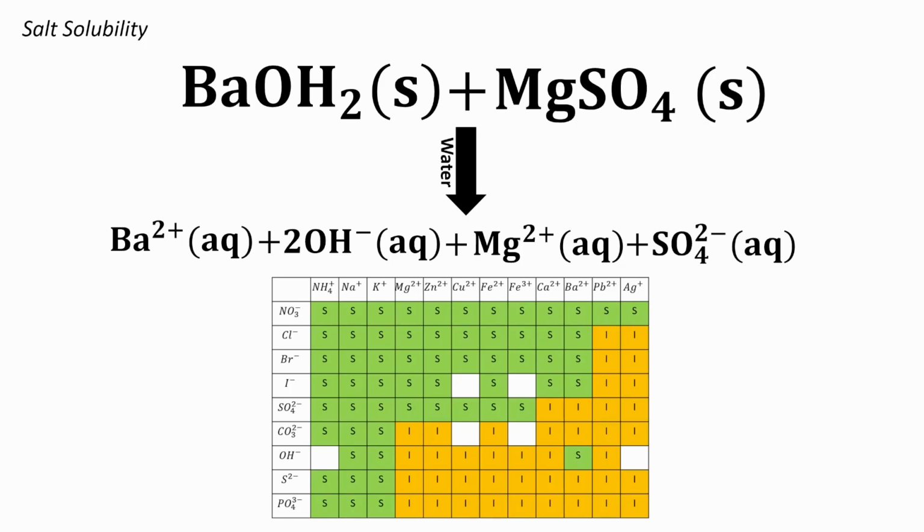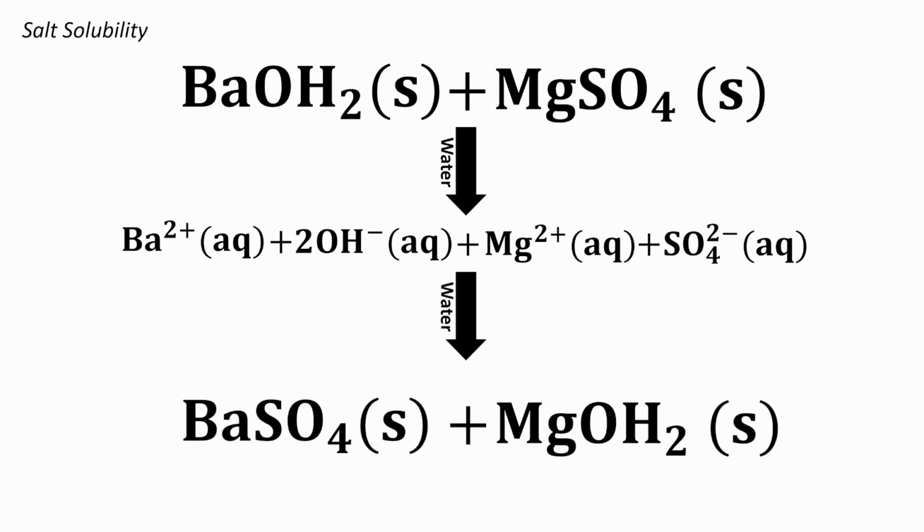And if we check the salt solubility chart, we can see that they do form an insoluble salt. We can now say that we have solved the problem by concluding that we will form barium sulfate and magnesium hydroxide.